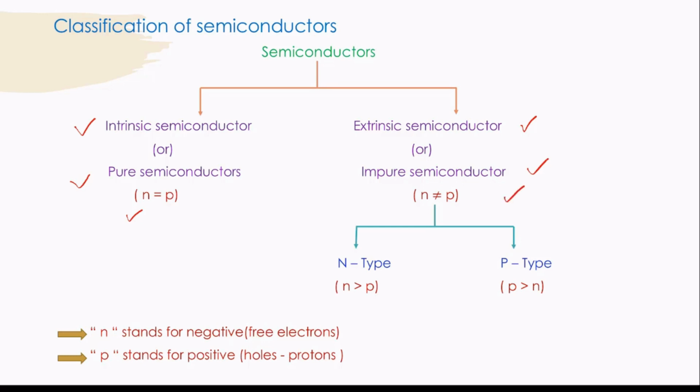This extrinsic semiconductor is again subdivided into two types. The first one is the n-type extrinsic semiconductor, in which the number of electrons is greater than the number of protons, and the second is the p-type extrinsic semiconductor, in which the number of protons is greater than the number of electrons.